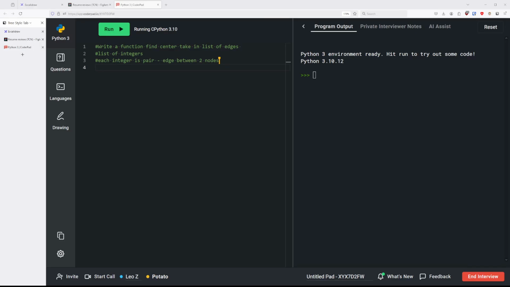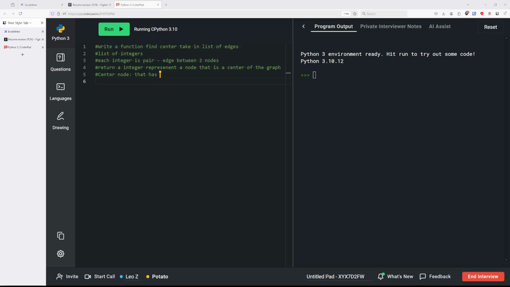So you got that down. Then you're going to return an integer, and this integer represents a node that is the center of the graph. I'll explain what center means in this case. The definition of a center node is a node that has exactly n minus one edges that connect to it.